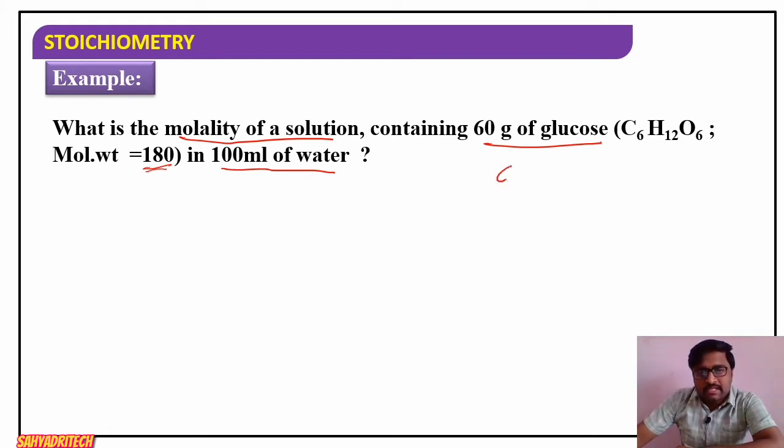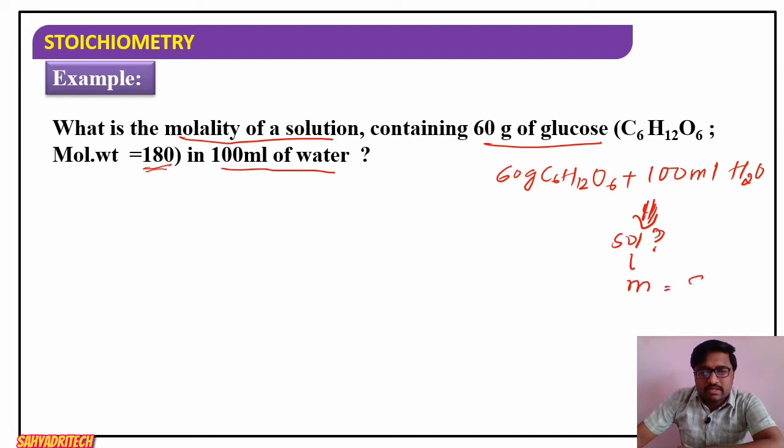When 60 gram of glucose, C6H12O6, is added to 100 ml of water, the resultant will be a solution, right? Glucose is a solute, water acts as a solvent. So they are asking the molality of this resultant solution.